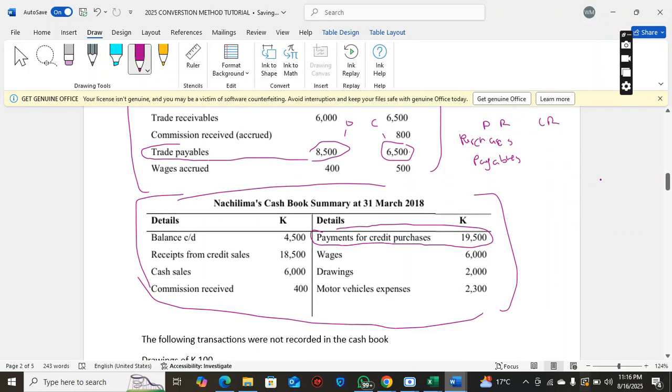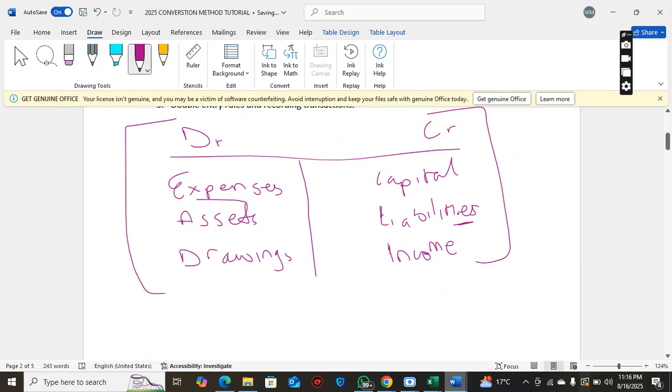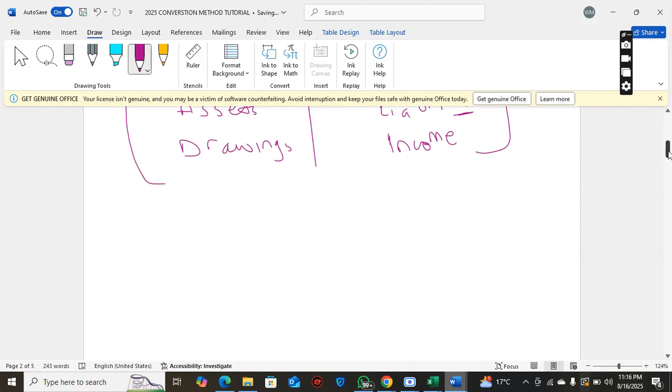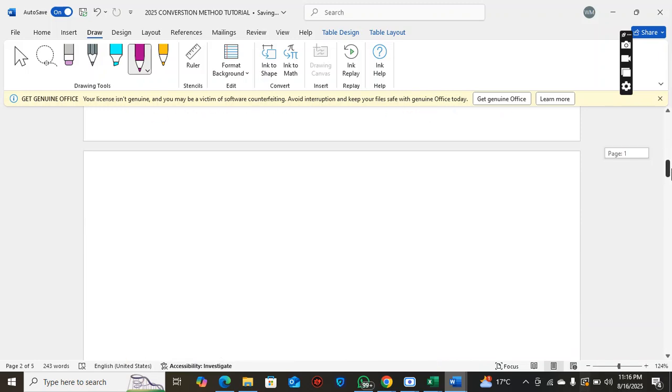So here we debit purchases. Then we're crediting payables because now we're owing. The payables, according to the double entry rule, are liabilities. Increasing the liability, you credit. This is for a credit purchase.